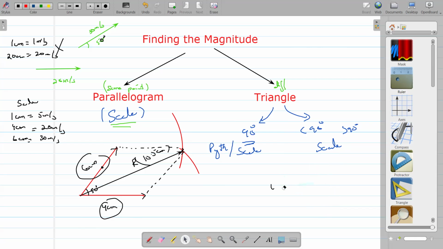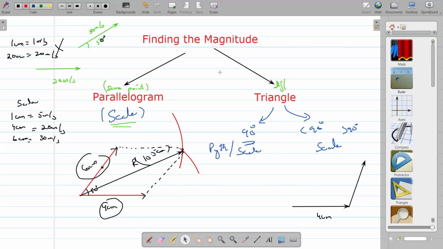But if we want to do the same for the triangle method, the only difference is, first we draw the 4 centimeter. After selecting a scale, we draw 4 centimeter, the same example. Then from the 4 centimeter, we draw 6 centimeter, like the same head to tail rule. So first we do the first vector and then the second vector.